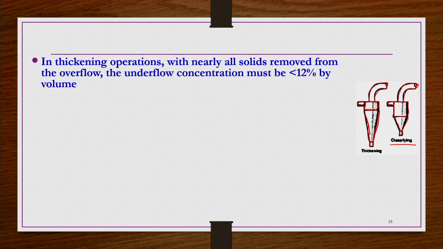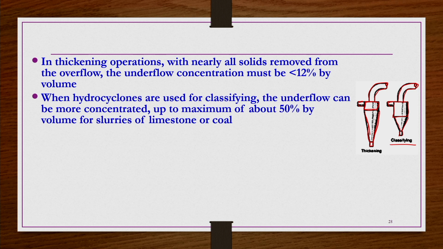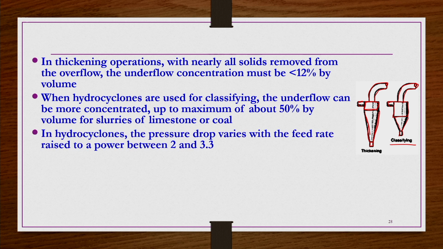In thickening operations with nearly all solids removed from the overflow, the underflow concentration must be less than 12% by volume. When hydrocyclones are used for classifying, the underflow can be more concentrated, up to a maximum of about 50% by volume for slurries of limestone or coal.